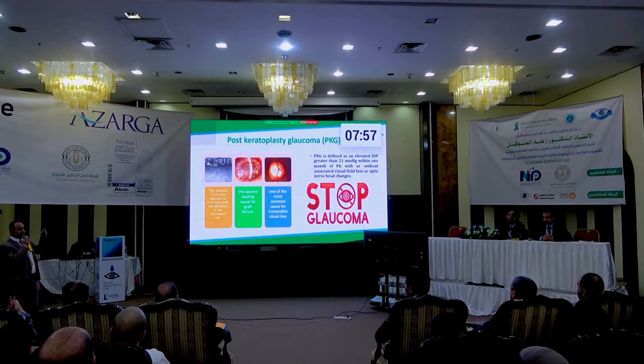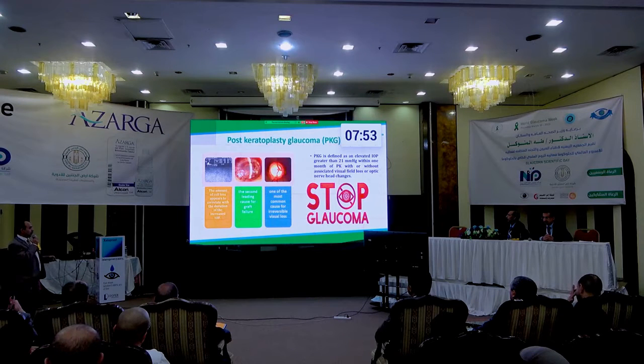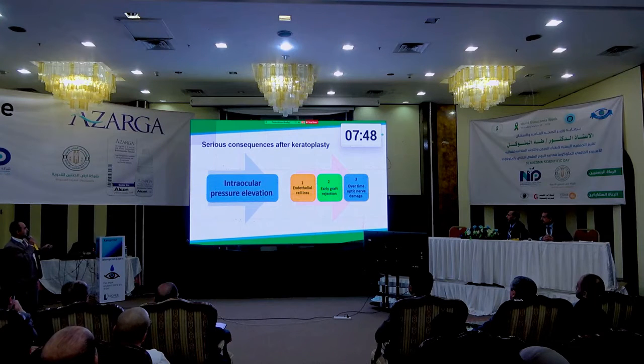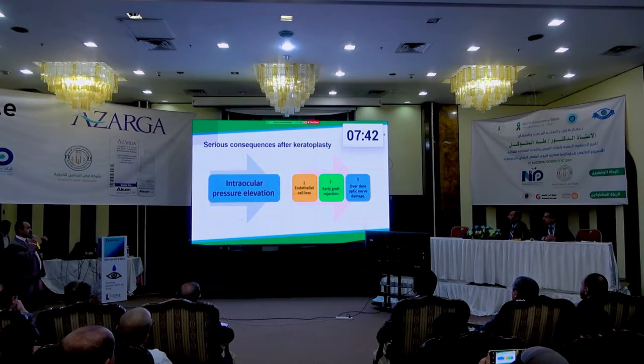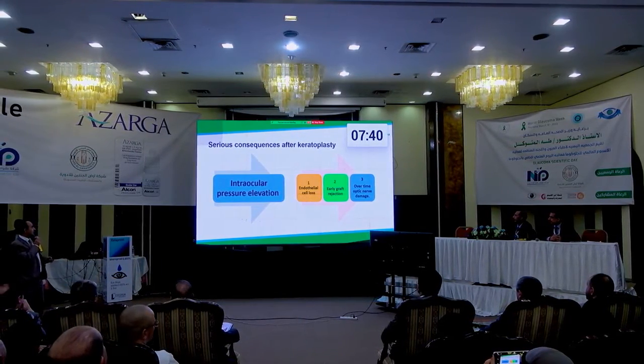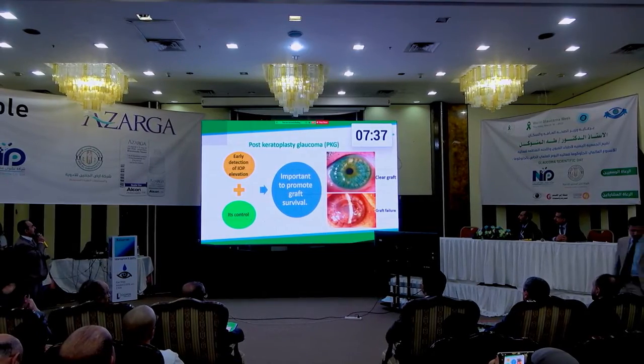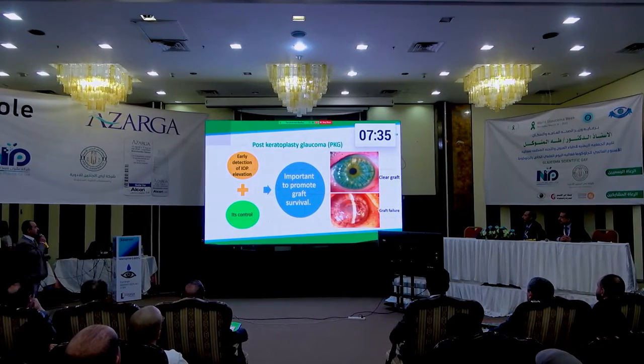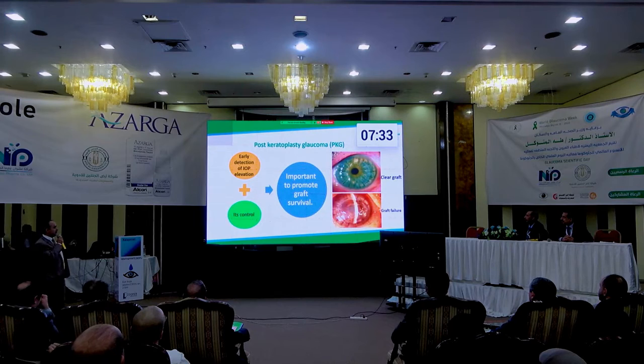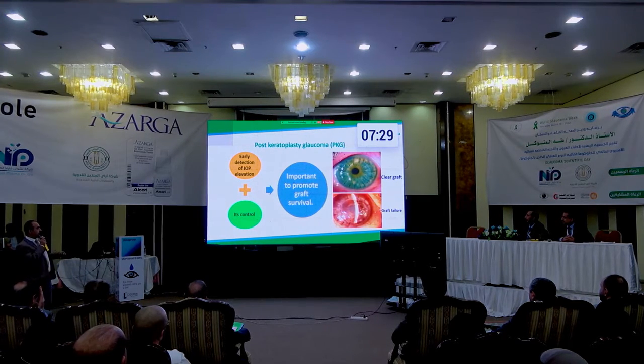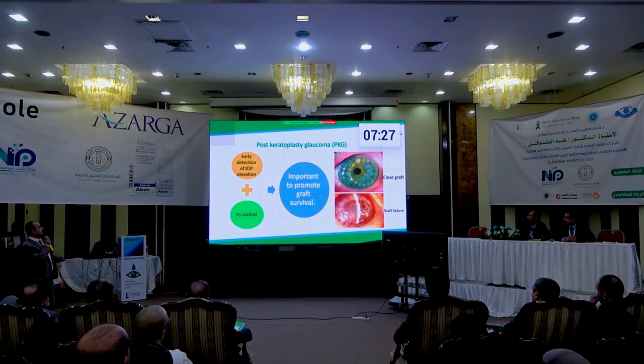Also, at the same time, it affects the optic disc and causes irreversible visual loss. So intraocular pressure elevation leads to endothelial cell loss, early graft rejection, and over time optic nerve damage. So early detection of intraocular pressure elevation and its control are important for graft survival.